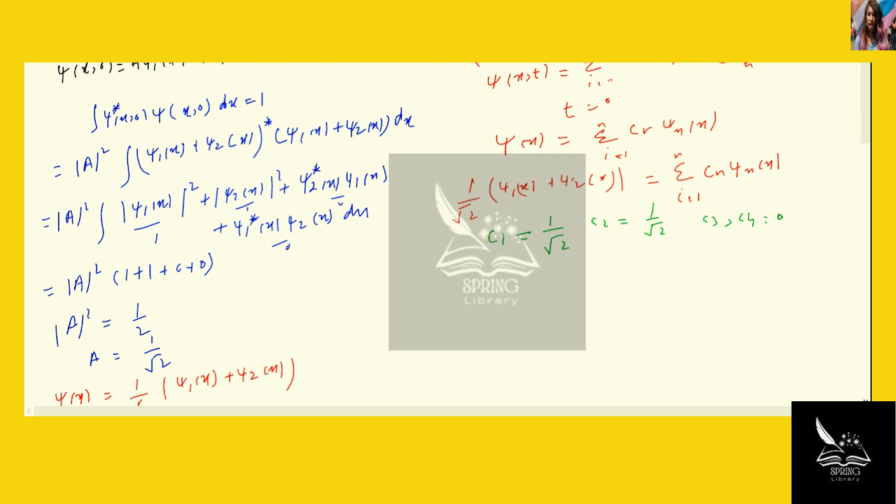So the wave function psi(x, t) equals 1 upon under root 2 into psi 1(x) e raised to the power minus iota E1 t out of h cut plus psi 2(x) into e raised to the power minus iota E2 t out of h cut.